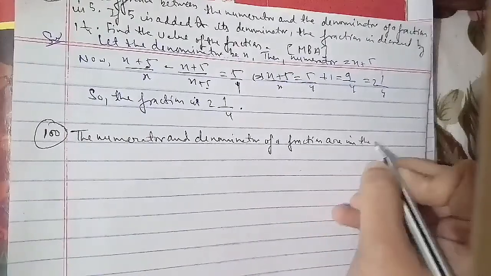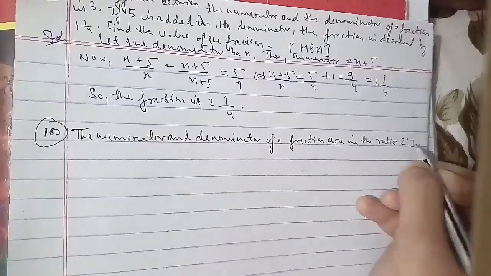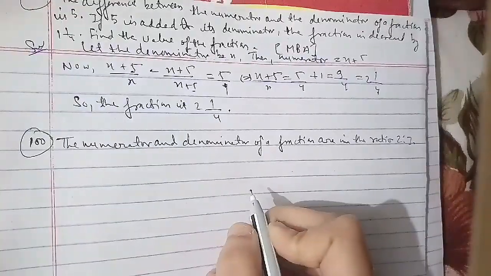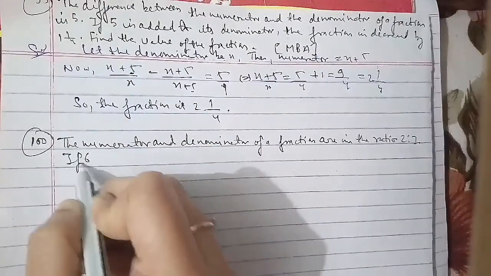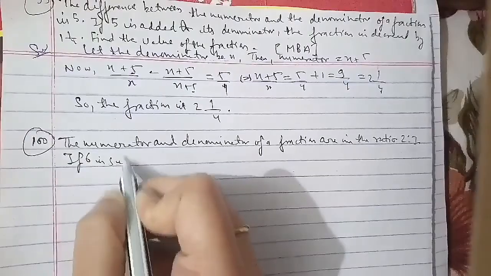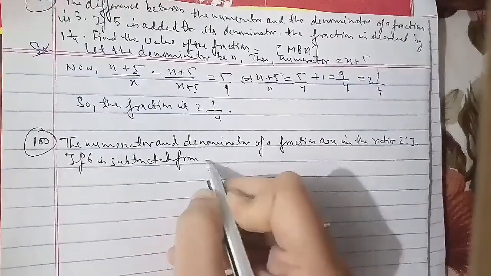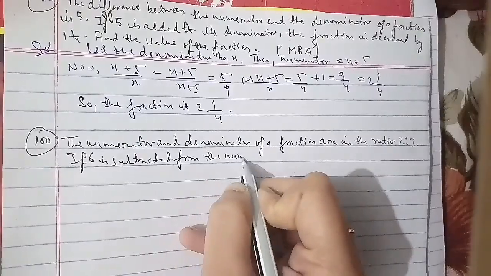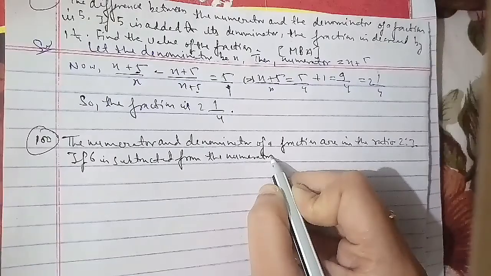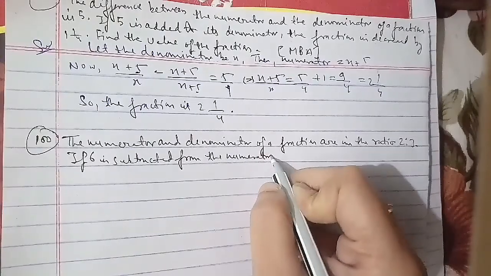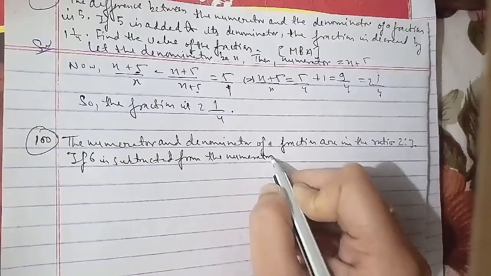When 6 is subtracted from the numerator, the result is a fraction that has a value 2/3 of the original fraction.